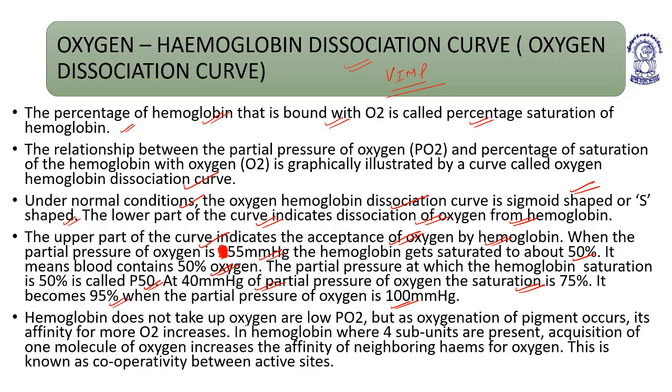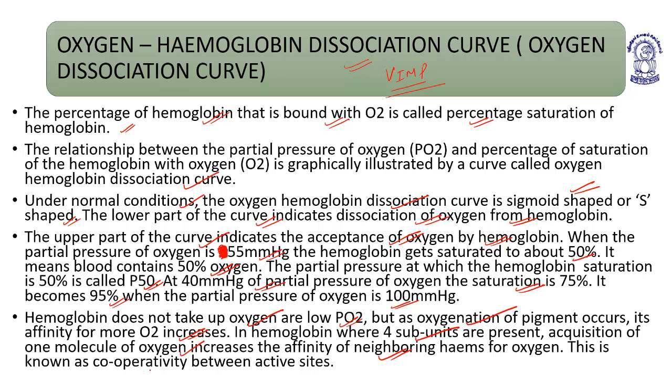Hemoglobin does not take up oxygen readily at low partial pressure of oxygen, but as oxygenation of the pigment occurs, its affinity for more O2 increases. In hemoglobin, where four subunits are present, acquisition of one molecule of oxygen increases the affinity of neighboring hemes for oxygen.